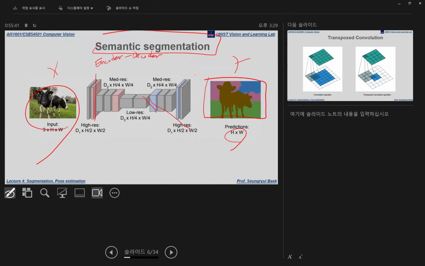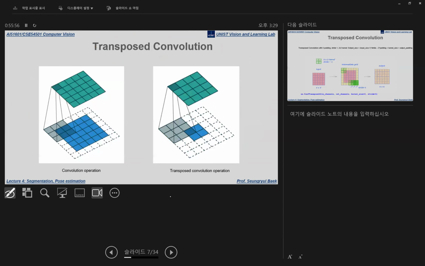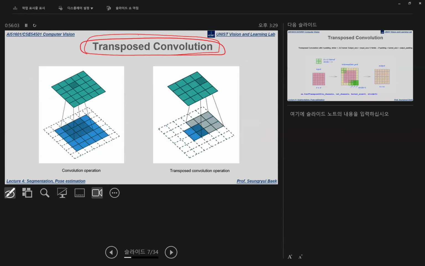In general, upsampling is harder than reducing the dimension of 2D signals, so thinking of this was not trivial. The answer was the transposed convolution operation, and it works in the opposite way to the convolution operation.